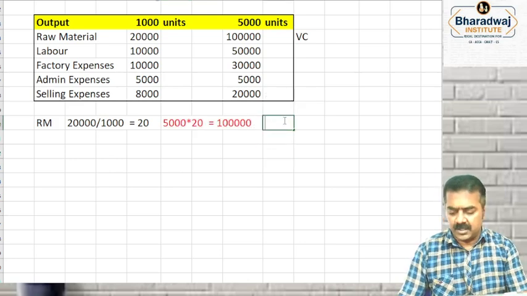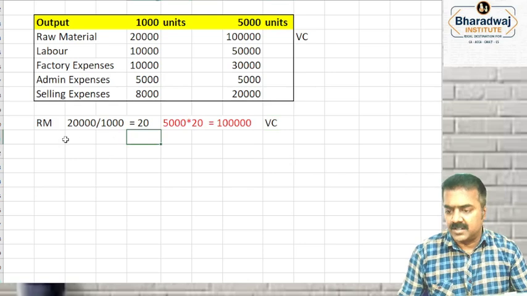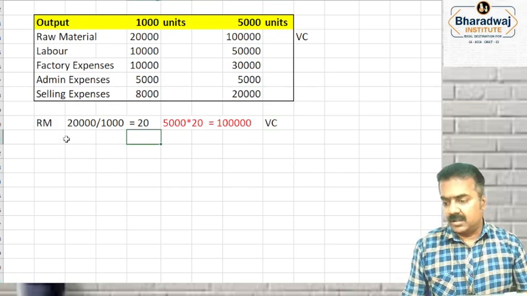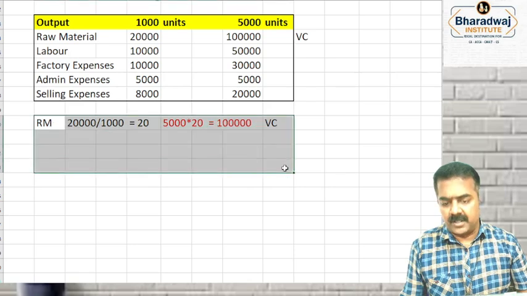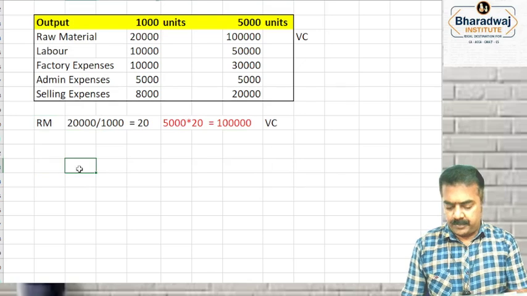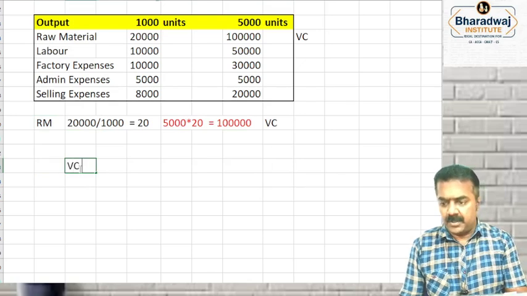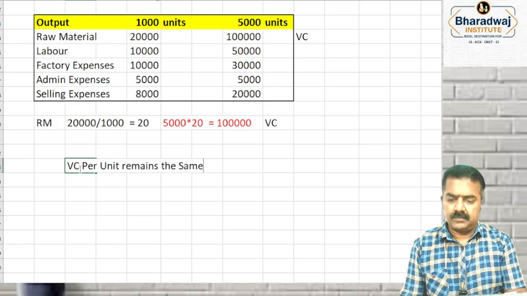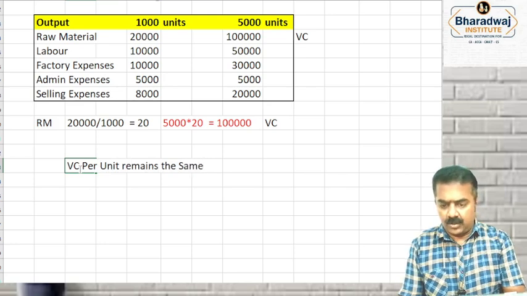So we can call it as which cost? Variable cost. Otherwise, if you look at the property of variable cost, variable cost per unit remains the same, and total variable cost changes.